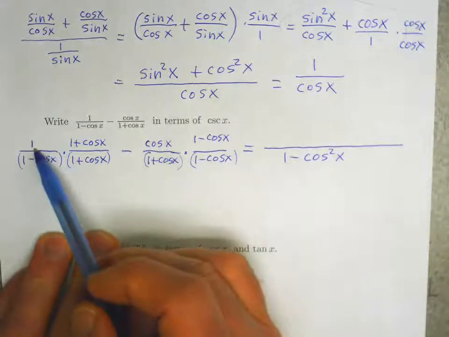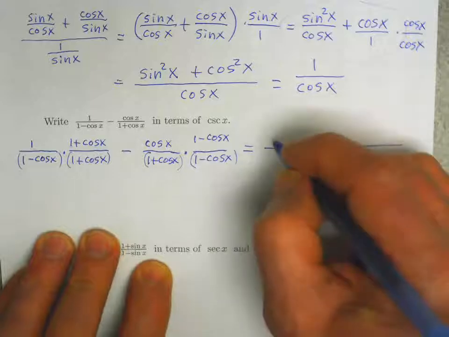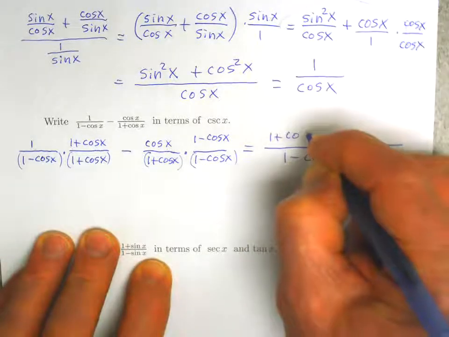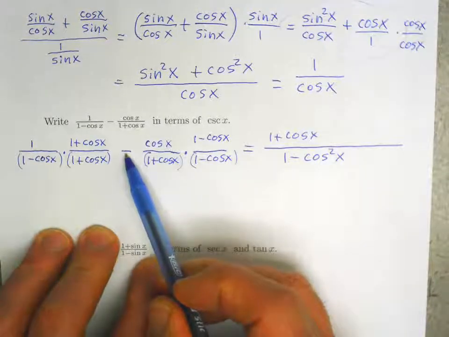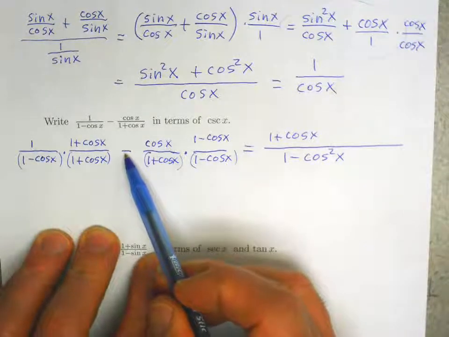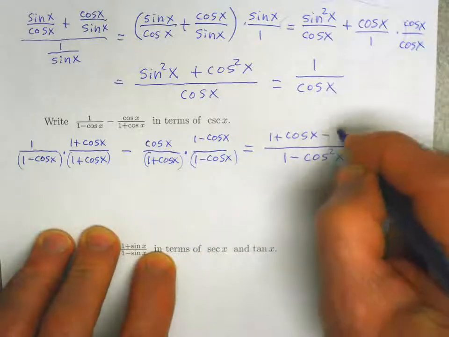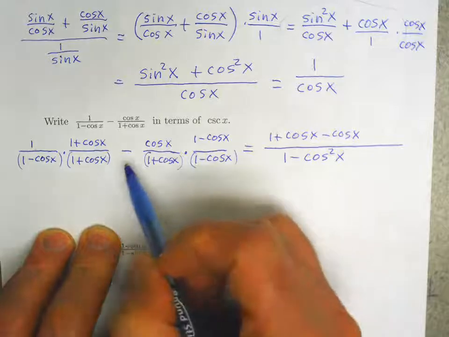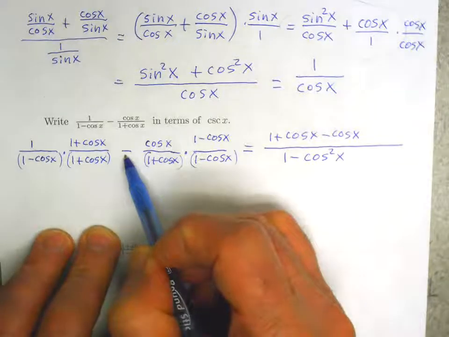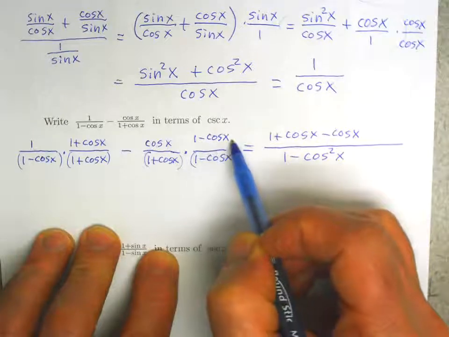Okay, so this part of the numerator, 1 times 1 plus cosine of x is 1 plus cosine of x. And here's where you have to be careful. We're going to subtract cosine of x times 1, so minus cosine of x. But we're also going to subtract cosine of x times negative cosine of x.